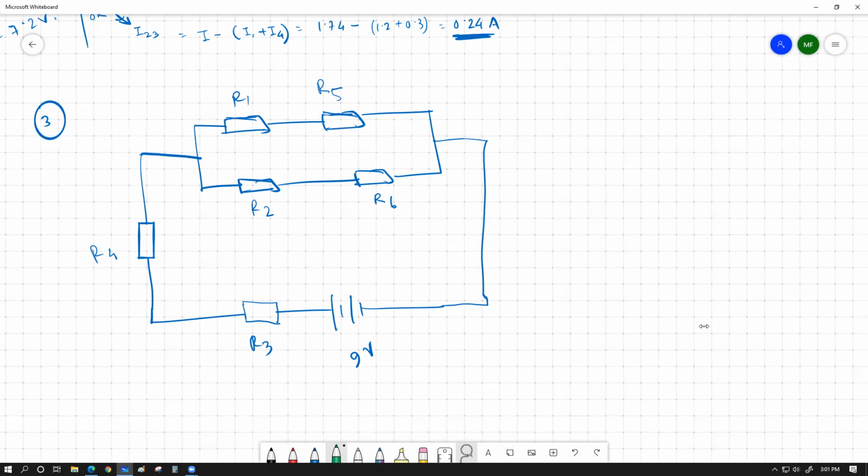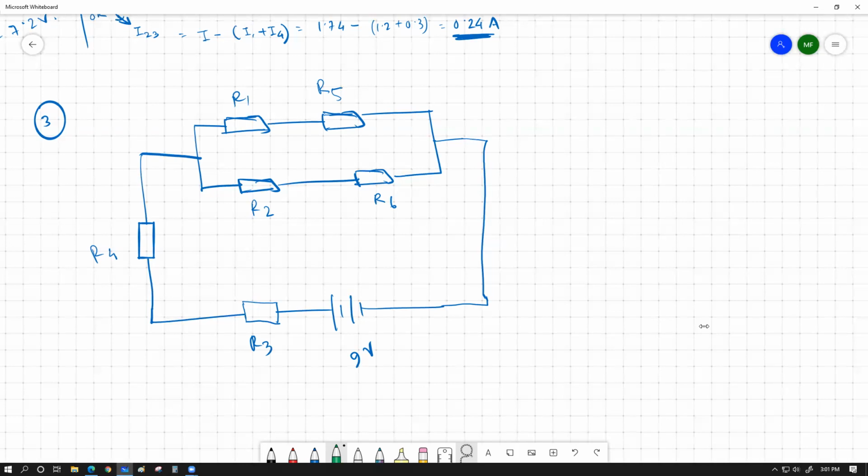I'm going to write it in this manner. Series combination of R1 and R5 and series combination of R2 and R6 are in parallel with each other. Full stop. That's going to be my first sentence. I'll say this again. Series combination of R1, R5 and series combination of R2 and R6 are in parallel with each other. Full stop.